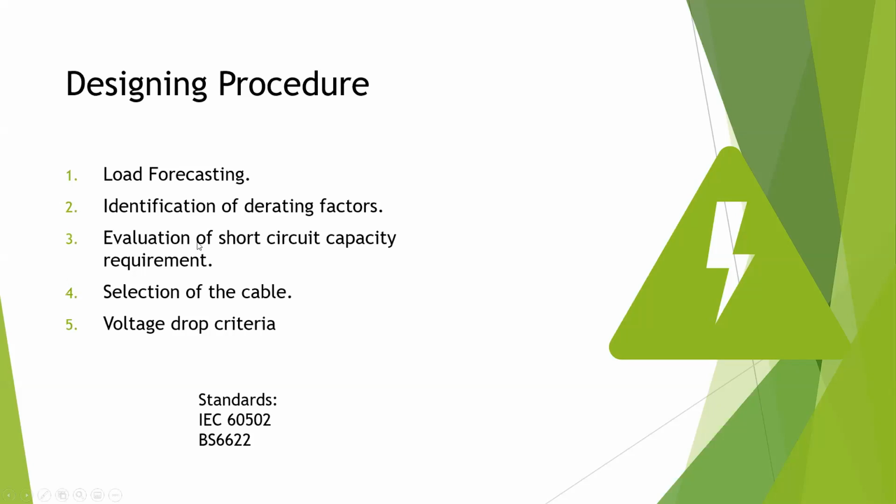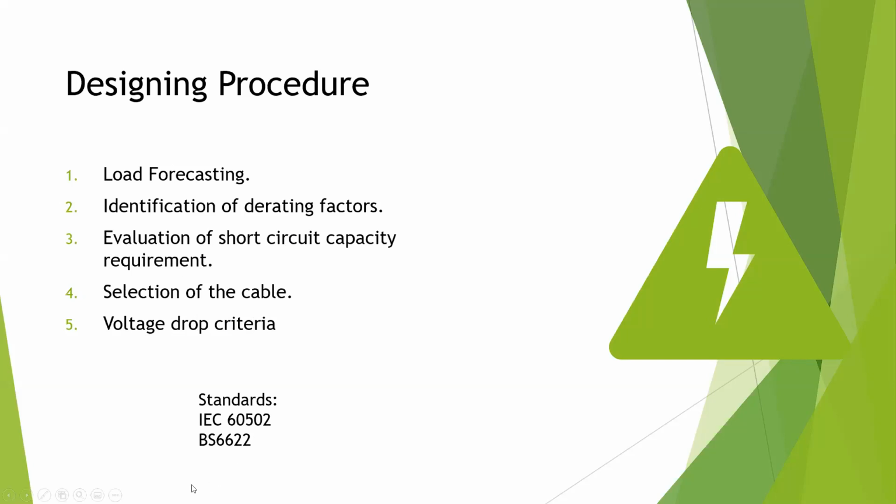The third one is evaluation of short circuit capacity. This is one of the major steps in this design procedure, and we will see how we are going to do this. Then comes the selection of cables and the voltage drop criteria. You are probably familiar with selection of cables and voltage drop criteria from the electrical installation module, and the other things we are going to learn here.